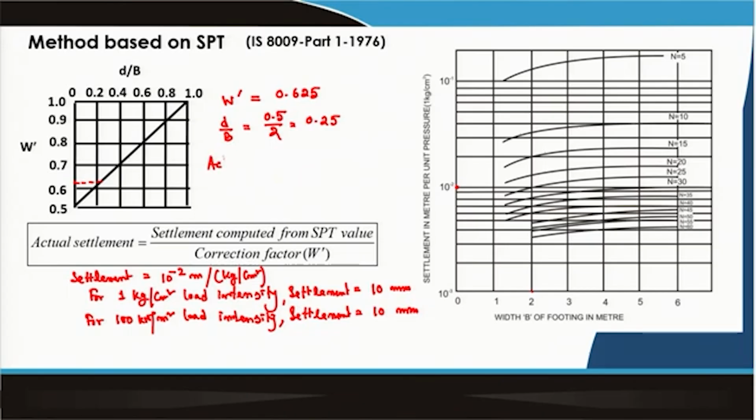So, the actual settlement will be 10 millimeter divided by 0.625. So, this will be 16 millimeter.